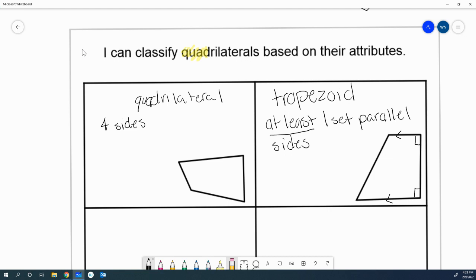So while this is a trapezoid, it's also a quadrilateral. I'm going to write that at the bottom here. Quadrilateral. There we go. I'm going to write that at the bottom to remind myself that it's a trapezoid, but it's also a quadrilateral, and it's a polygon. We're going to have to start naming everything that these shapes are.